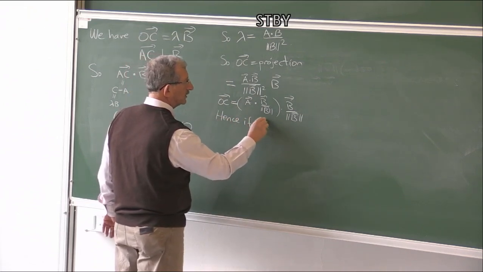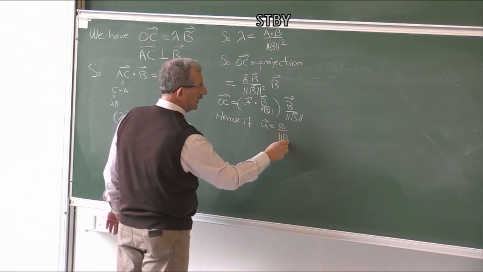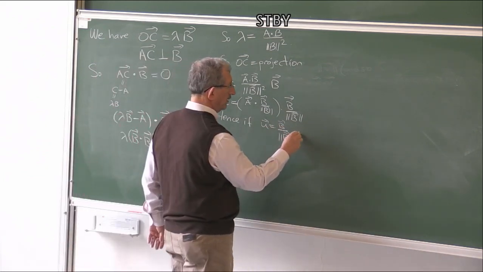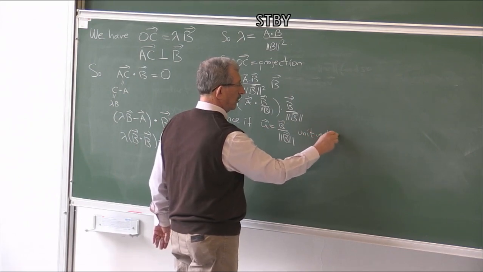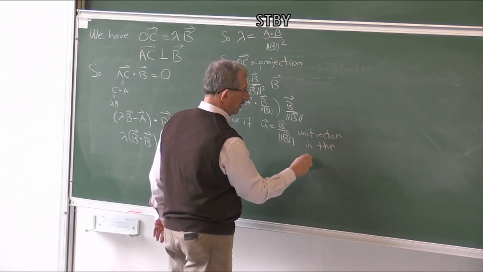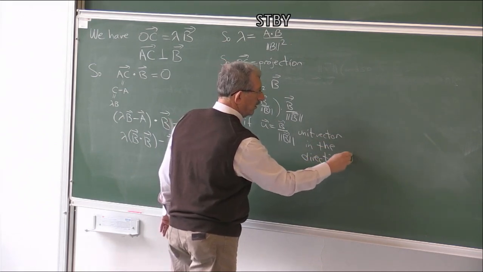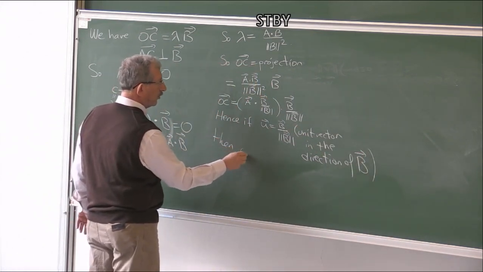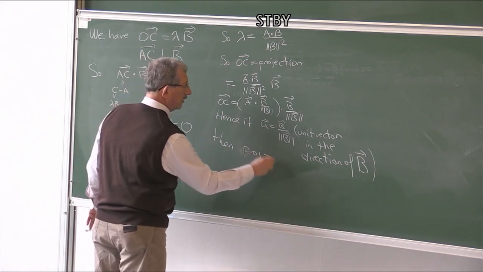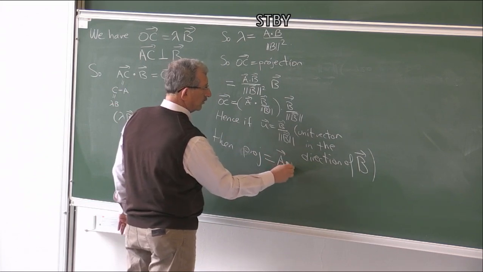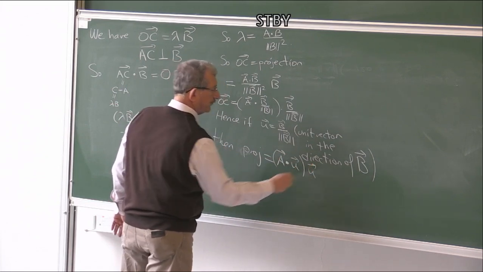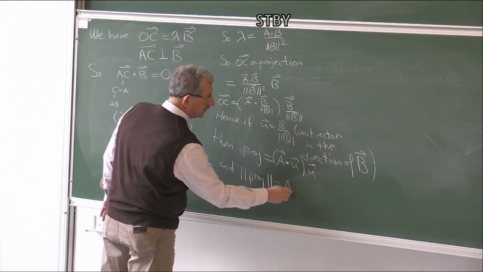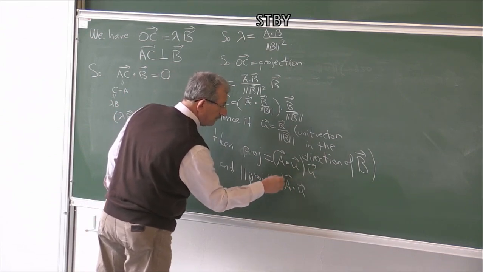Okay, if U is B over length B, that is, if U is a unit vector in the direction of B, then the projection is (A dot U) U, and the length of the projection is just A dot U, of course, in absolute value.